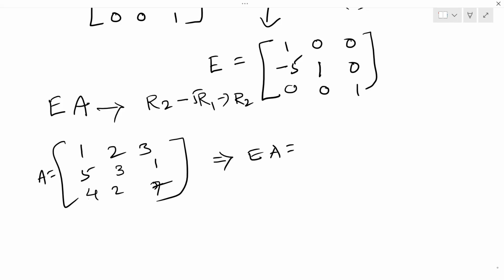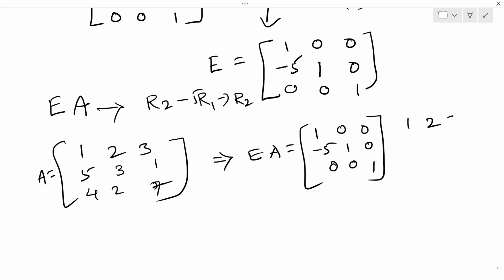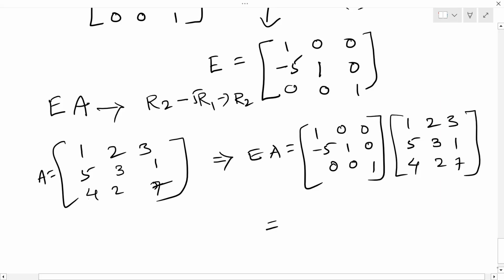This is my E: 1 0 0, minus 5 1 0, 0 0 1. I need not multiply this matrix completely. Directly in one step we can write the answer. Only one row will change. So what should I do?